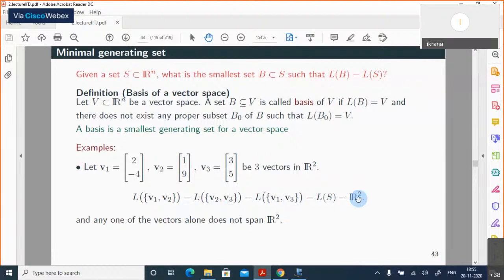And everything else in R2 is built as a linear combination of them. You cannot delete any one of them, so this is a minimal set. This is the least amount of information you need to get everything about R2. So this is what is called a basis of the vector space.